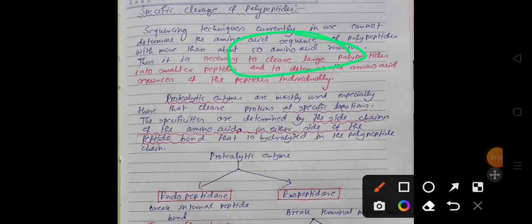The solution is to cleave those peptides into small peptides and then sequence them individually, right? And today we will learn how we can cleave them, because we cannot cleave them randomly, otherwise the sequencing will be very difficult, right? So the cleavage should be at a specific position.